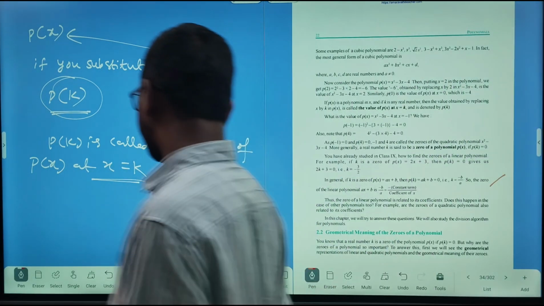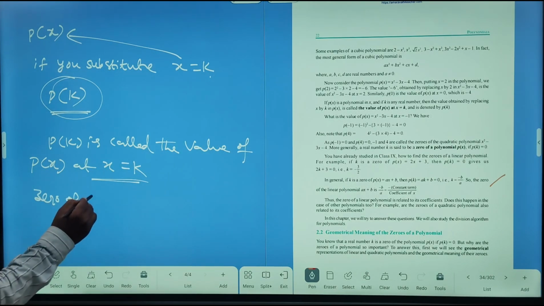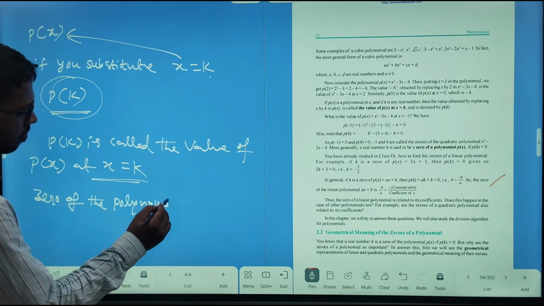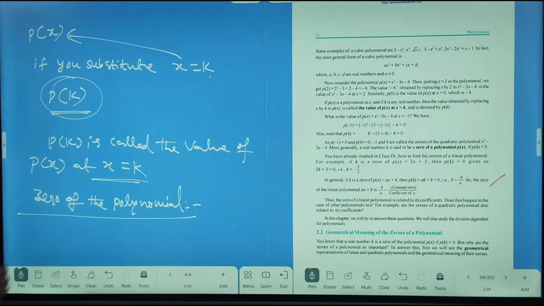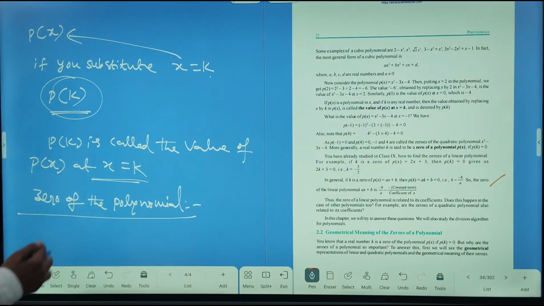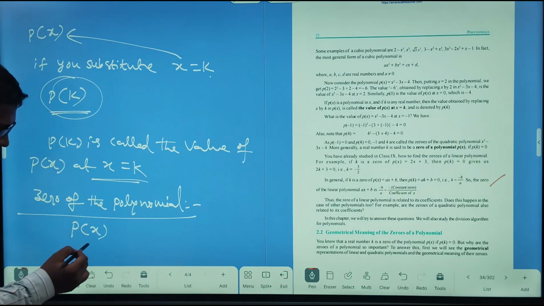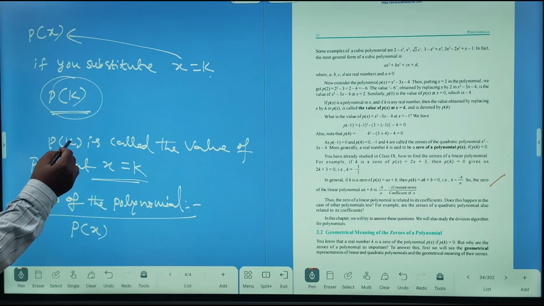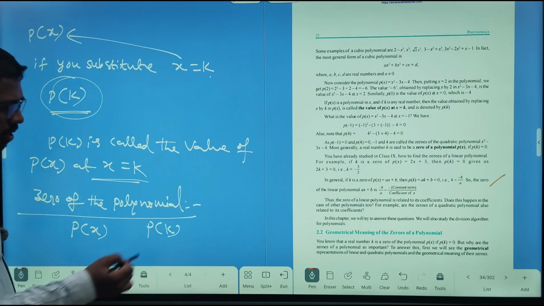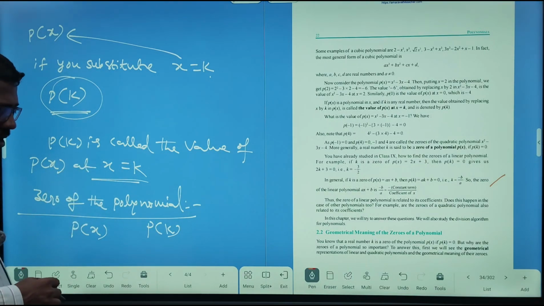Now we will discuss the zero of the polynomial. Zero of the polynomial means, suppose p of x is the polynomial, as I discussed just above, p of k is called the value of p of x at x equal to k, right?